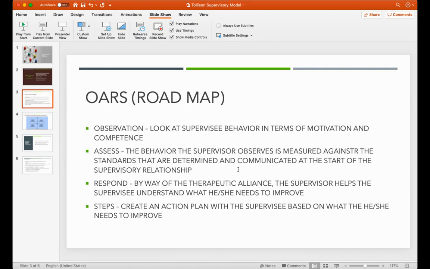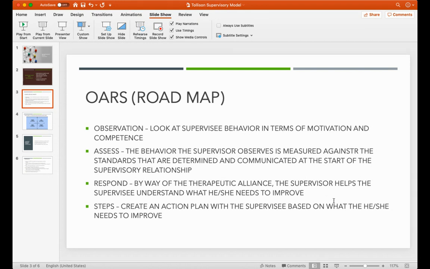Respond is by way of the therapeutic alliance, which is the CBT concept. There needs to be a strong therapeutic relationship between supervisor and supervisee in order for the supervisee to be open to any feedback that is challenging.